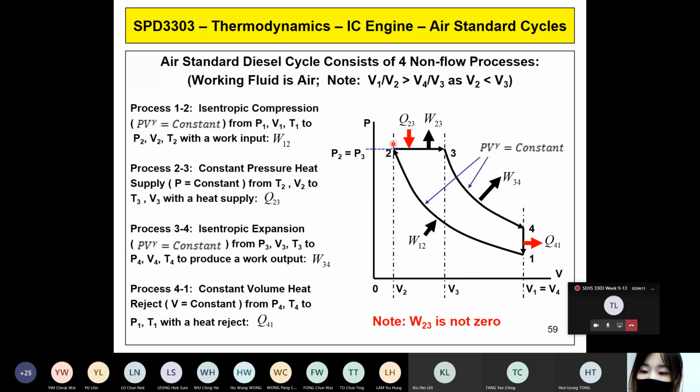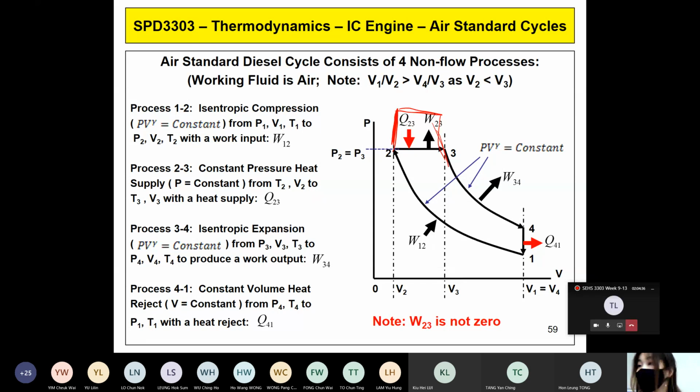For that cycle, the difference is that you have a constant volume process and then constant pressure, like this.